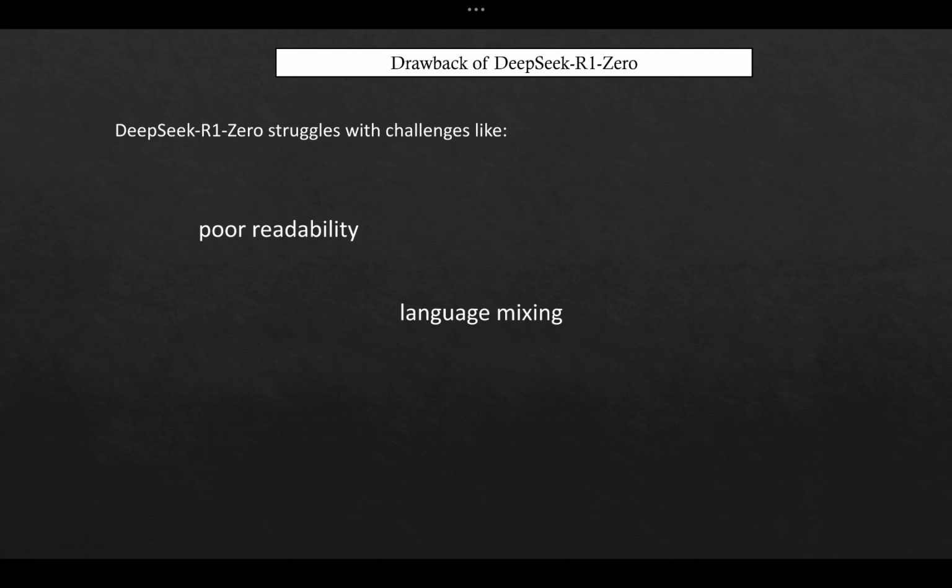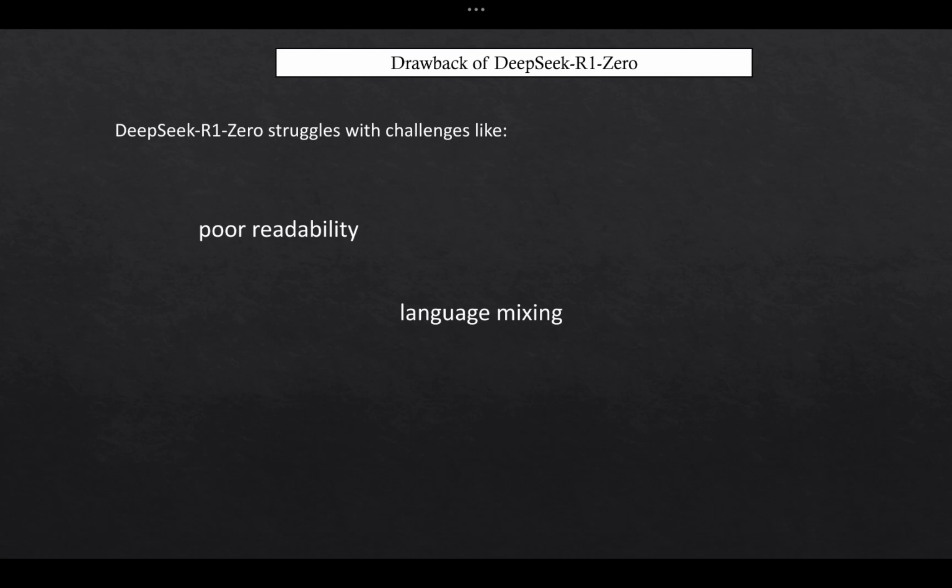People are guessing that the chain of thought prompts which were used to train the model might have a mix of Chinese and English language. Based on that, whenever the model generates a final output for a new prompt or a new question, it will have a mix of Chinese and English, right? So this language mixing is always a problem.